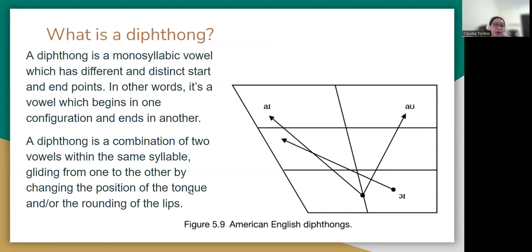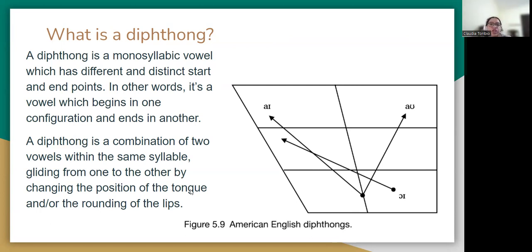First, a diphthong can be described as a monosyllabic vowel which has different and very distinct start and end points. In other words, it's a vowel which begins in one configuration and ends in another. In this first definition, we're talking about a diphthong as if it's one sound, one phoneme.